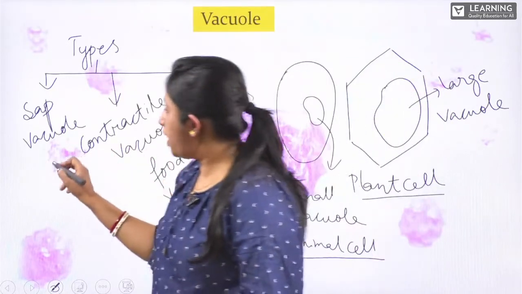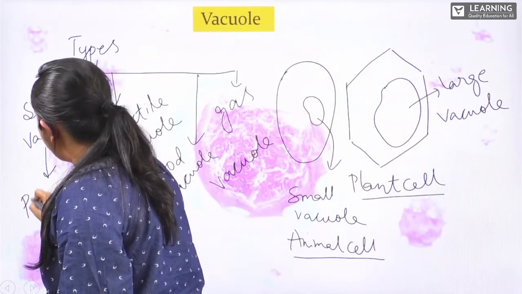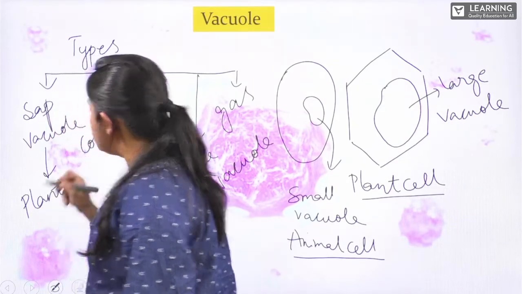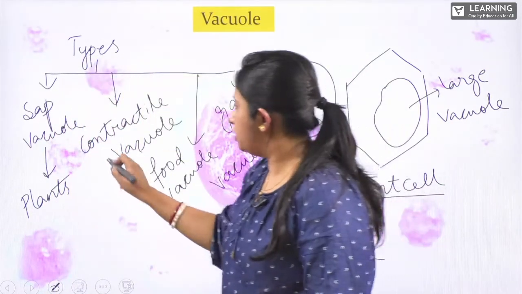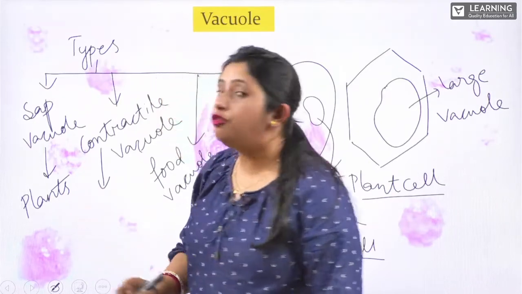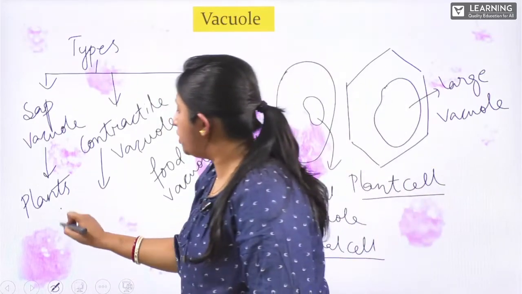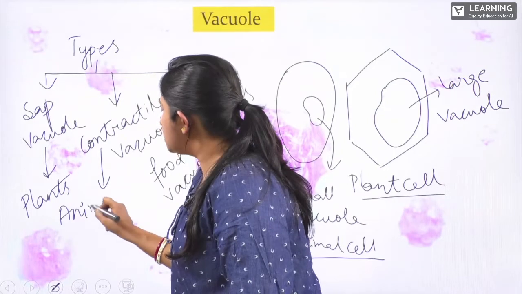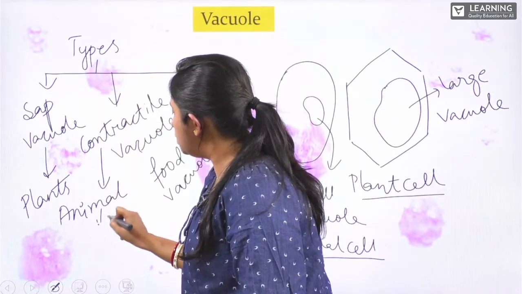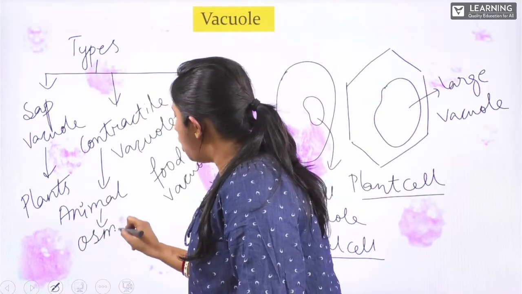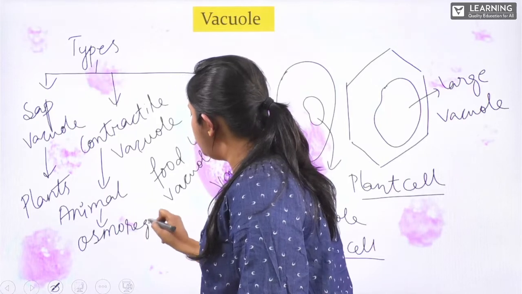Now this sap vacuole you will find only in case of plants. Then contractile vacuole you will find in case of fish or in case of animals. This contractile vacuole is responsible for the process of osmoregulation.